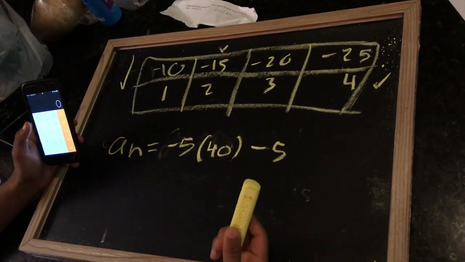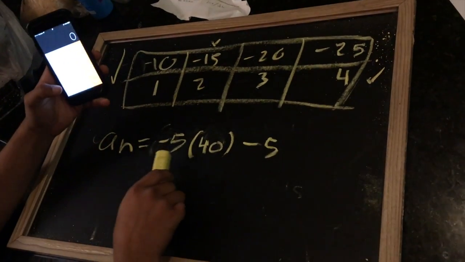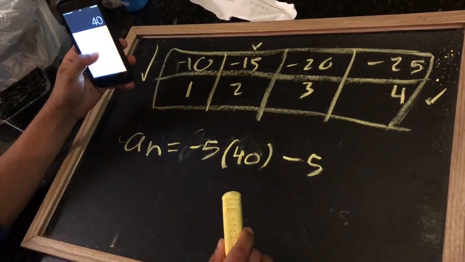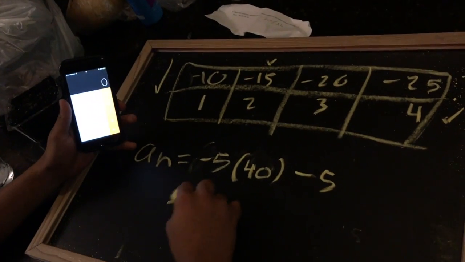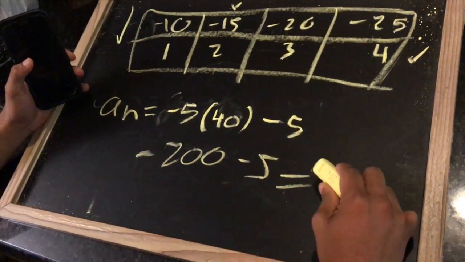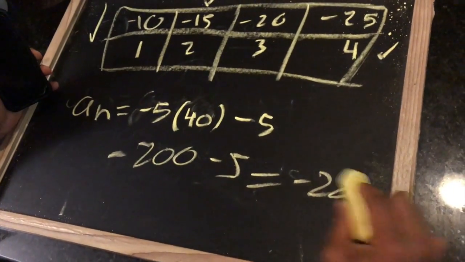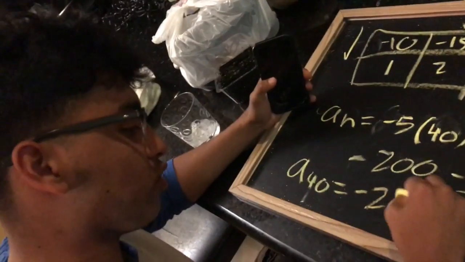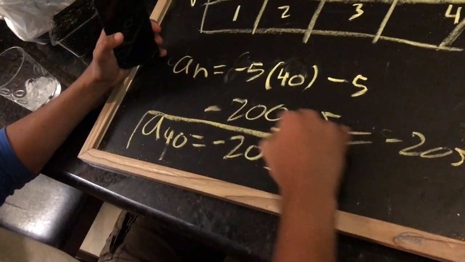So obviously this equation is the best way to do it. We're going to start off by distributing the -5 into the 40, and as you can see, 40 times 5 is 200. So -200 minus 5 equals -205. Therefore, a_40 equals -205.